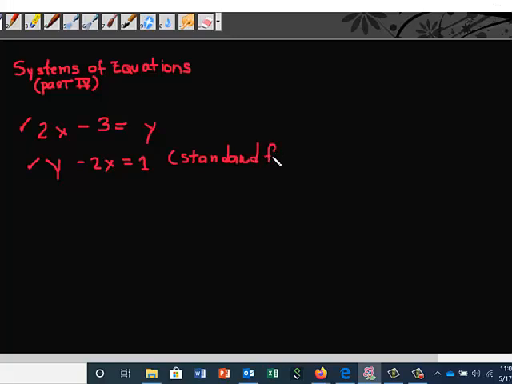Standard form. And this is in slope-intercept form. So I want to take this equation here and convert it to slope-intercept form.